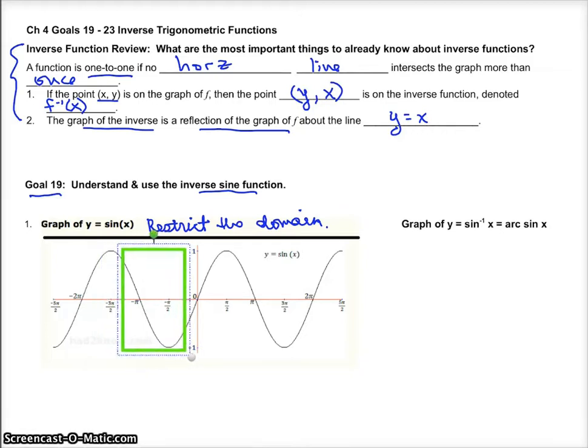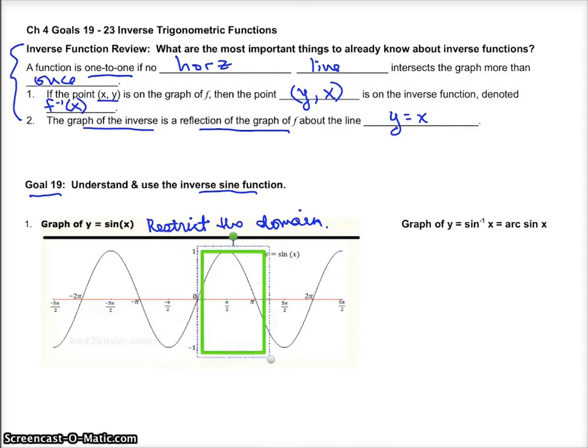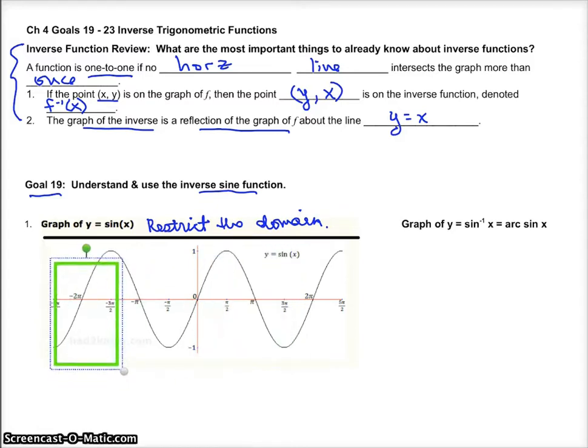Continuing, it's no longer one-to-one. Still not one-to-one. Still not. And now it's one-to-one again. And I can continue. It's not one-to-one. It's not. And now it's one-to-one again. So you'll notice that it's one-to-one every time I am on an odd multiple of pi over 2.